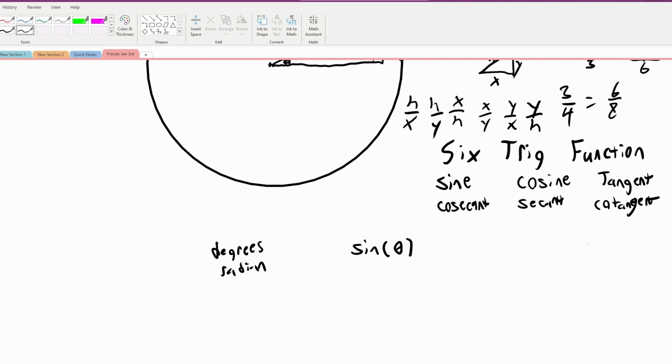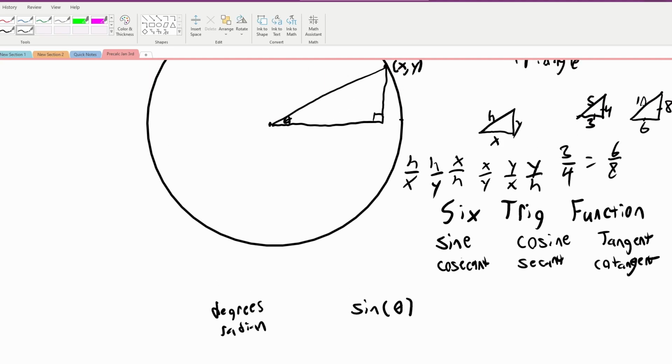Okay, so the sine of the angle uses the relationship between the opposite side and the hypotenuse. So this would be y over h.